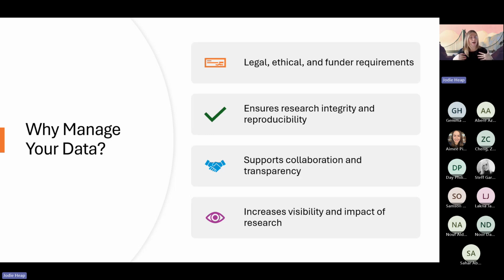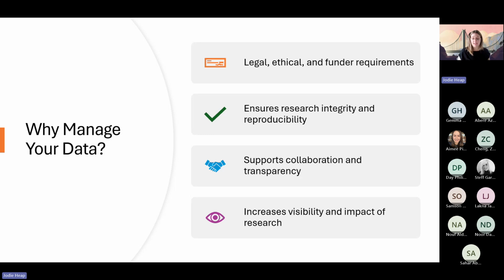It might be human in nature. We have all these considerations that we need to build into our planning and life cycle process of how we're going to be sensitively, securely handling that data and preserving it, whether that is for sharing with the wider community or just preservation for your own research practices.